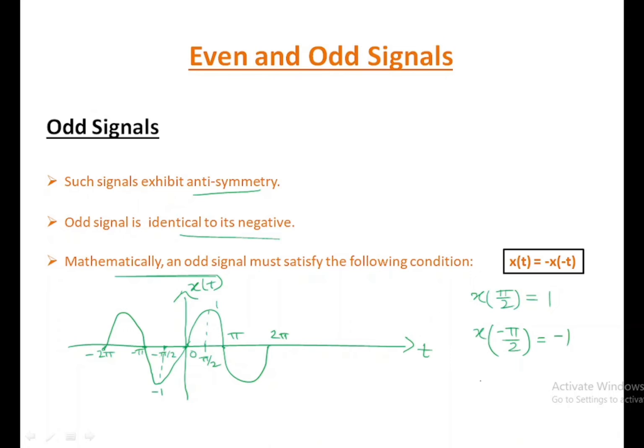From here you can write x of pi by 2 is equal to minus x of minus pi by 2, so the same thing comes out: x of t equals minus x of minus t. I hope you understand these two types of signals, even and odd signals.